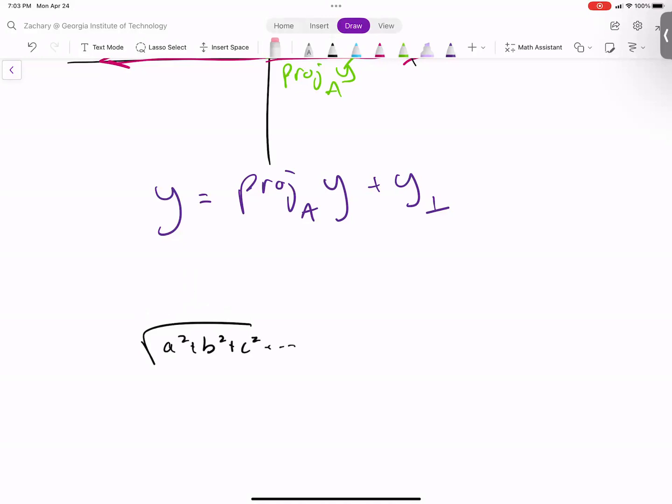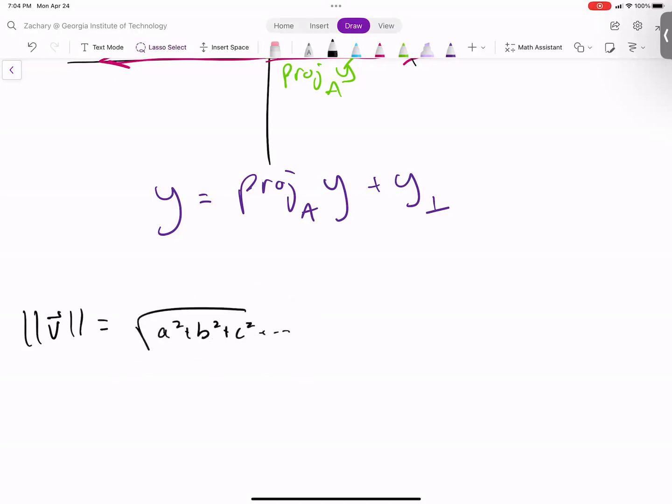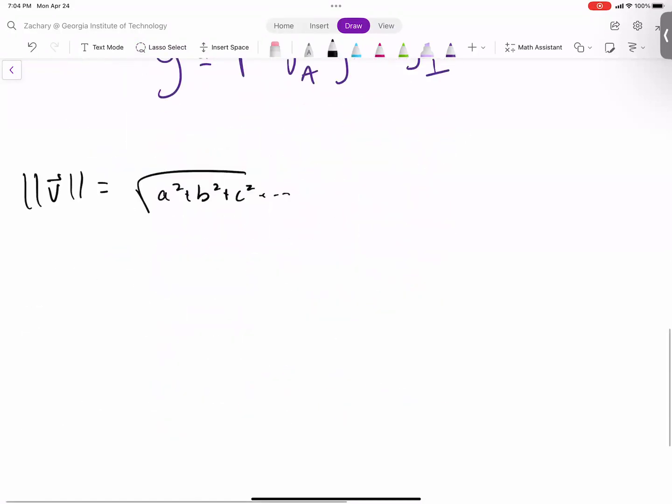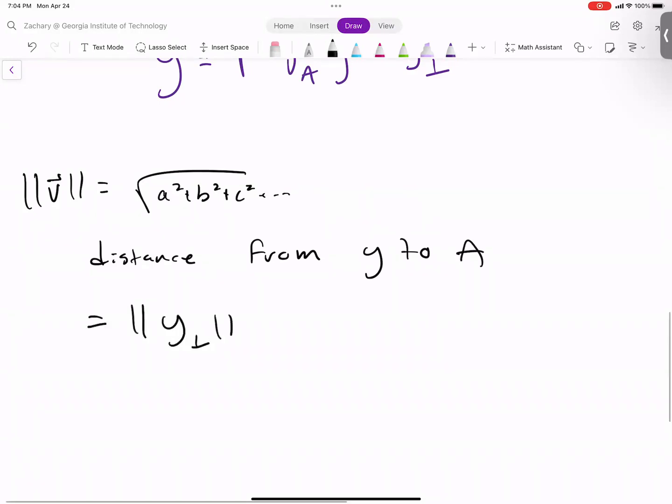This is the magnitude of some vector with entries a, b, c, d, etc. So to find the distance from a line to a space, in this case the distance from y to A, or A to y, it's the same thing, is the magnitude of y perp. Okay. I think that covers the general idea of orthogonality.